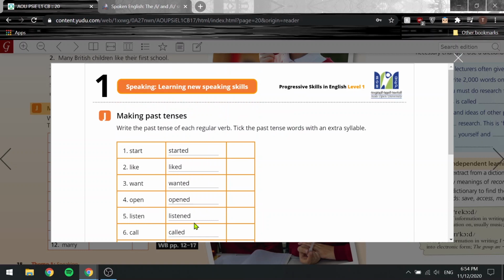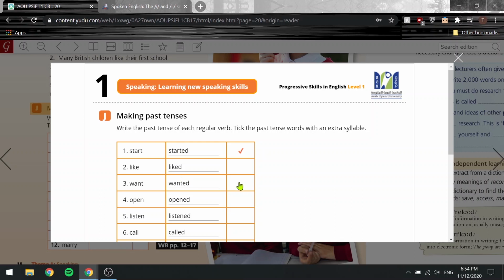Okay, now let's go over all of these, and if we notice an extra syllable, we're just going to tick it. So the word started, it has the word start and then ED, so started, that's an extra syllable, so we'll tick that. Liked, again, it looks like it's one word, so no. Wanted, again, just like started. So want and then ED, wanted.